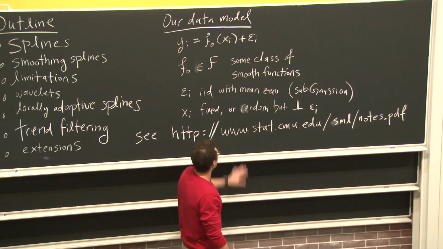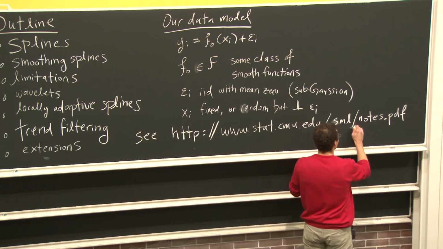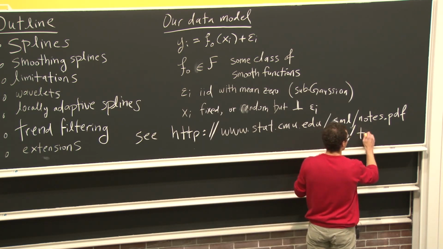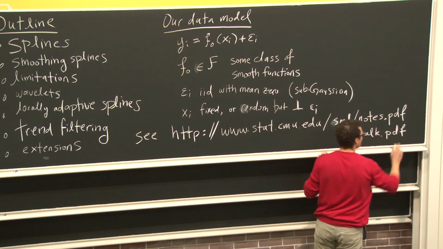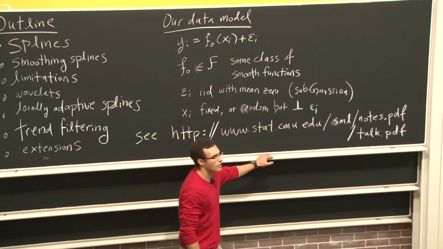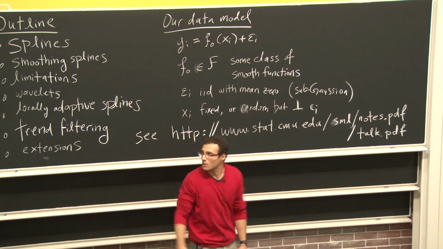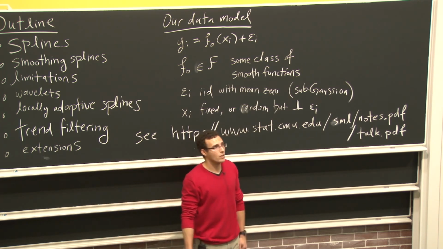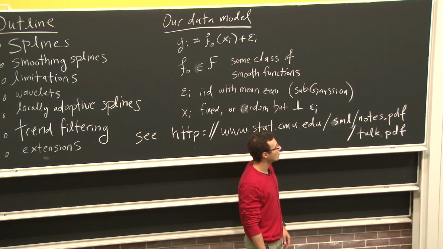And the same link, but then talk.pdf. I put in a talk on trend filtering that I've given a few times recently that is maybe just more pictures, more color pictures than the notes. And it doesn't cover all of this stuff, but at least it covers trend filtering. So this one may be more fun to look at than just a set of notes.